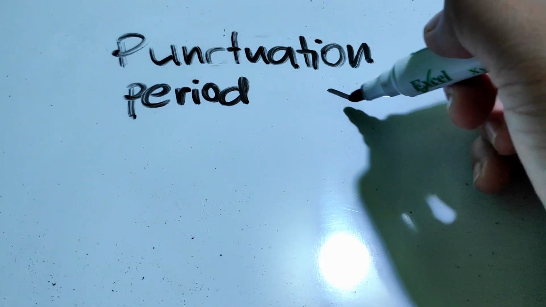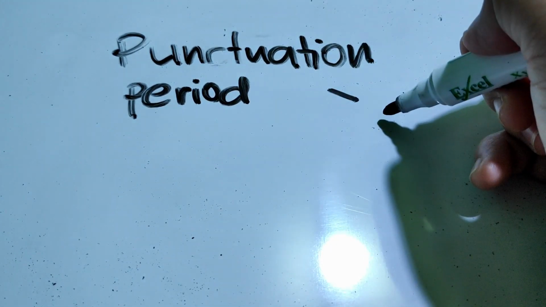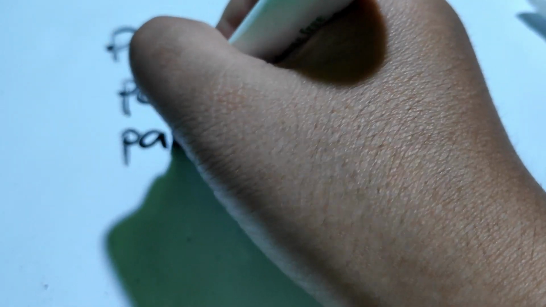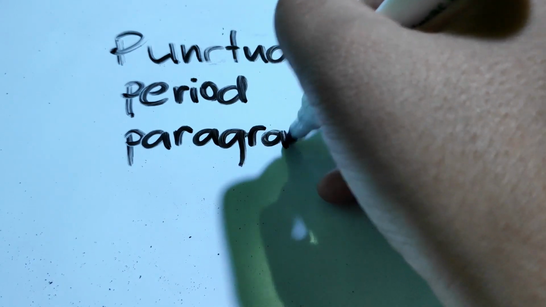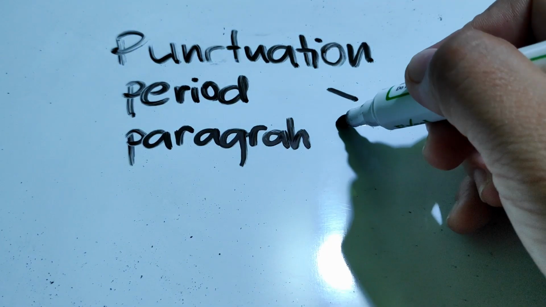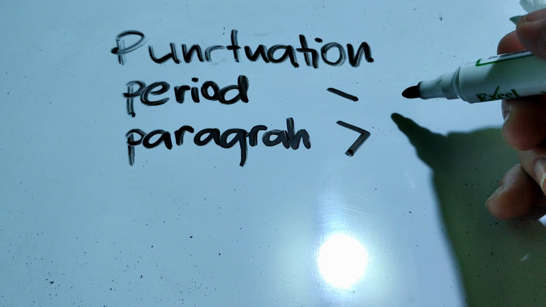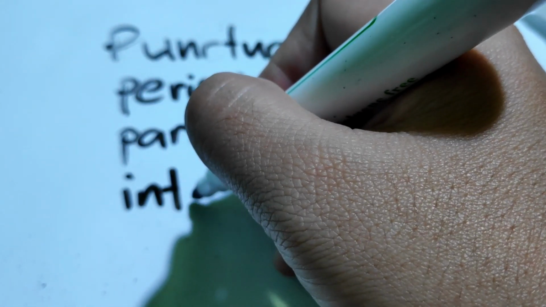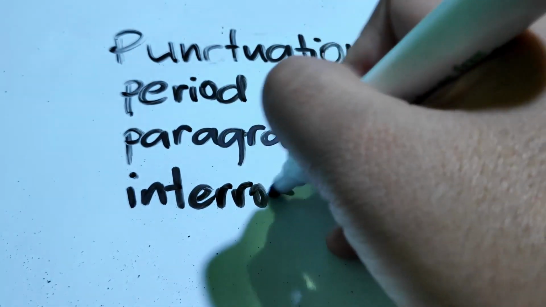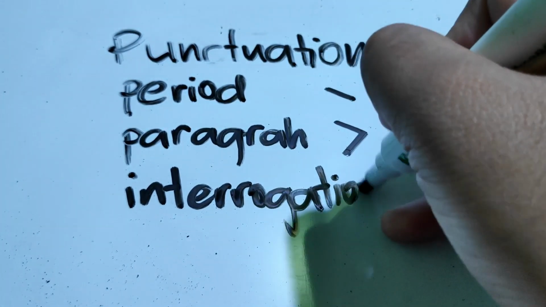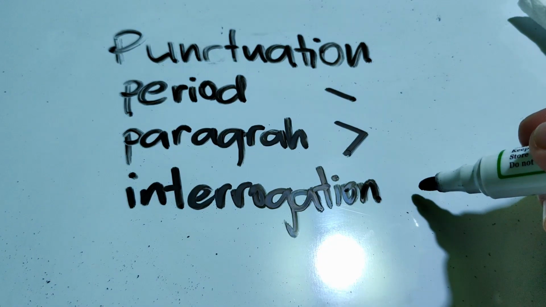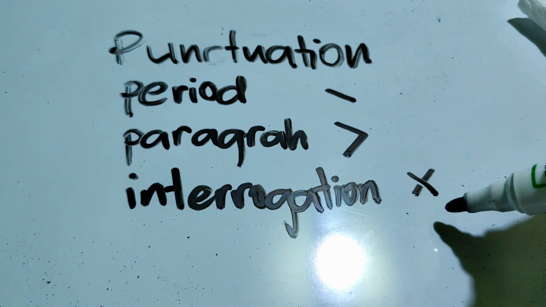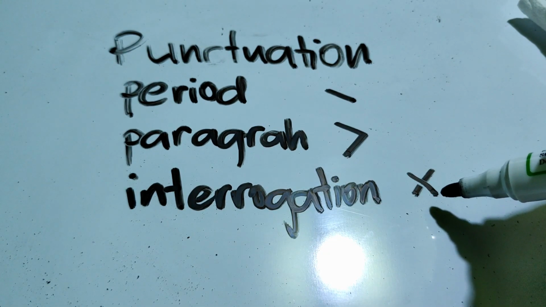Nakaslant siya dayon to the right ang iyang stroke. Downward ang iyahang stroke. For the paragraph, kanang greater than. For the interrogation or question mark, ang iyahang sign as punctuation in the shorthand is the X mark.